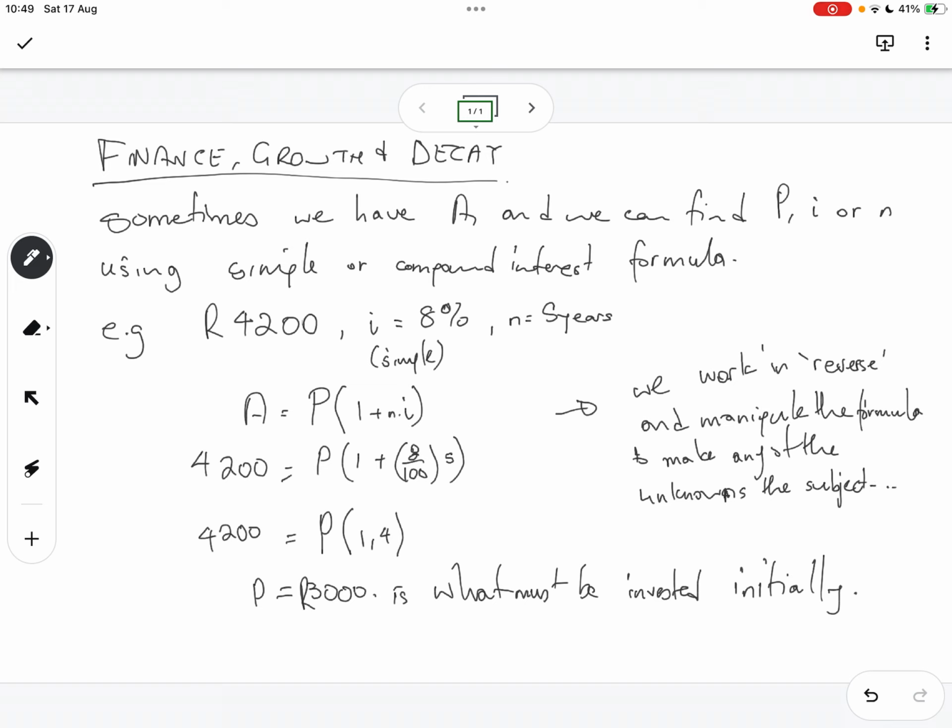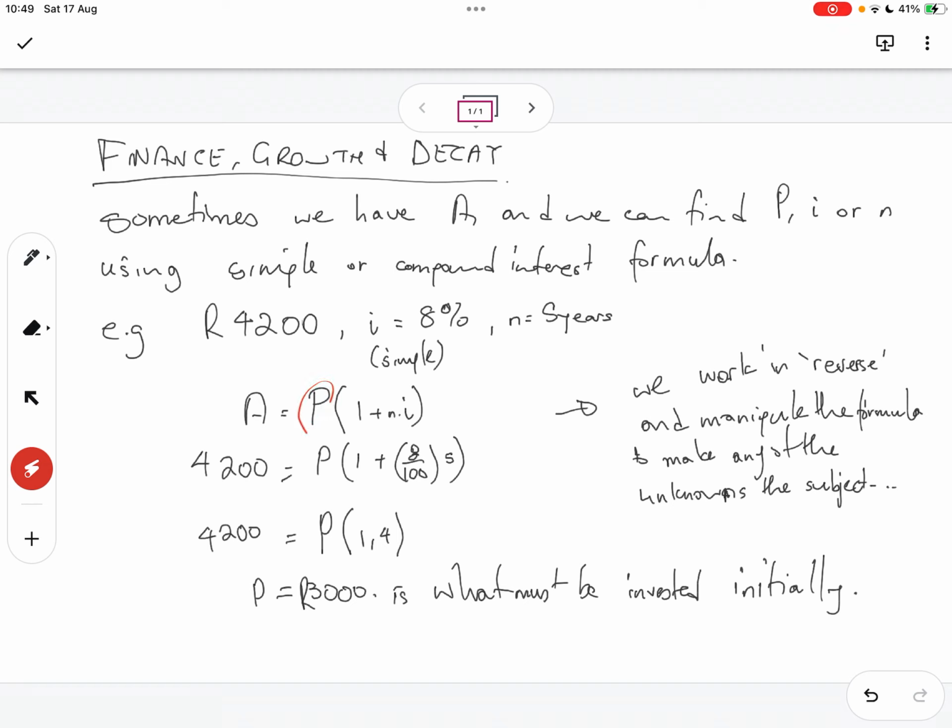Why would we do this? Because at some point we may not have the number of years that needs to be spent investing the money. So we'll have to make that the subject of the formula, using the same rules from algebra, like the distributive rule, dividing by that, etc. And then we just punch it back into our calculator, and that will give us the answer.